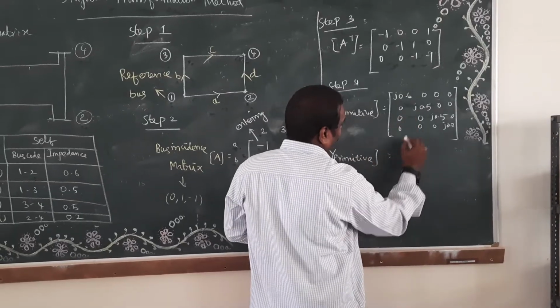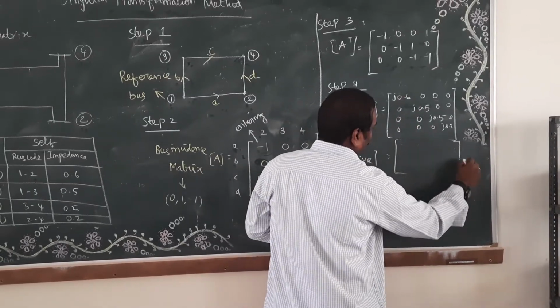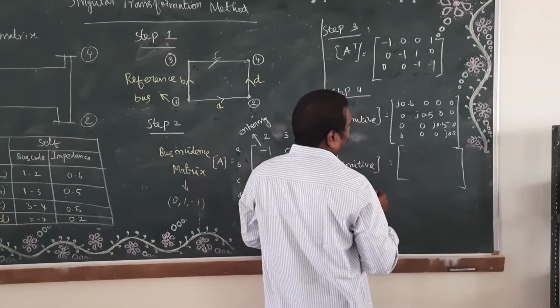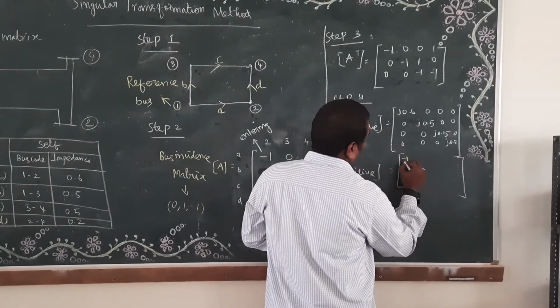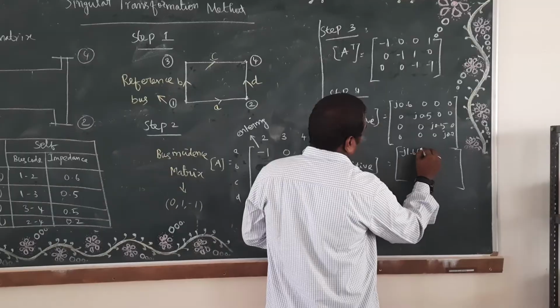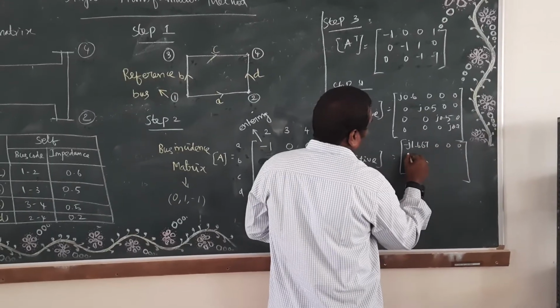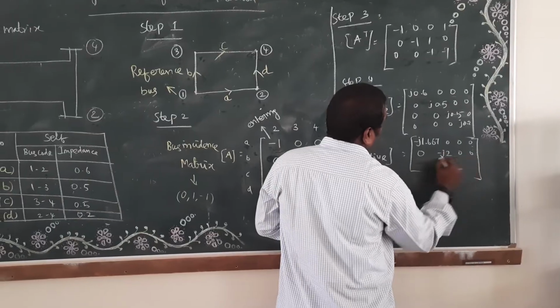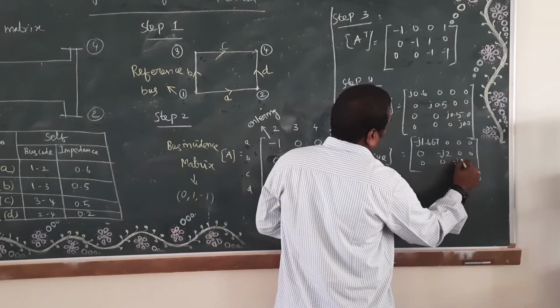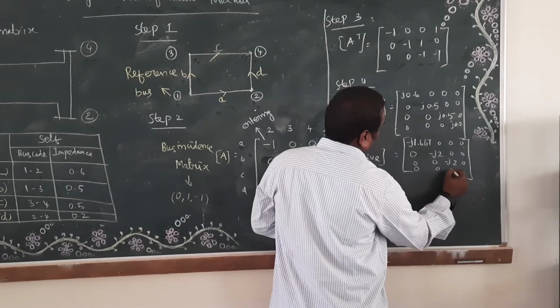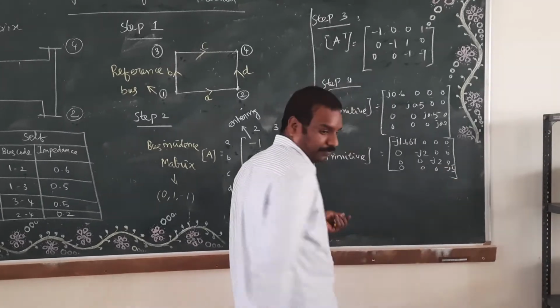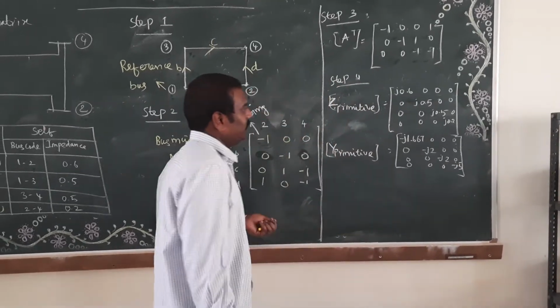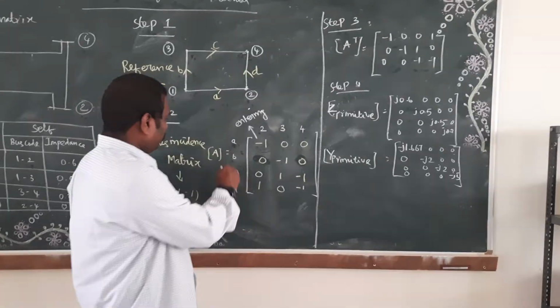Just take the inverse of every value. So if you take the inverse of every value, you will get minus j 1.667, 0, 0, 0, 0, minus j 2, 0, 0, 0, 0, minus j 2, 0, 0, 0, 0, minus j 5, I think. Right?